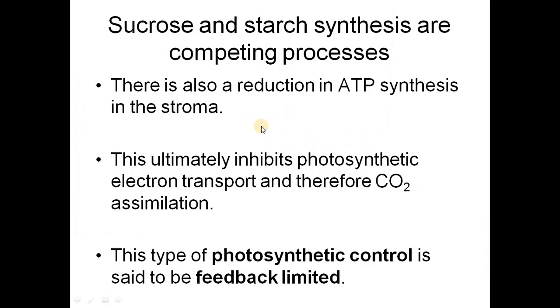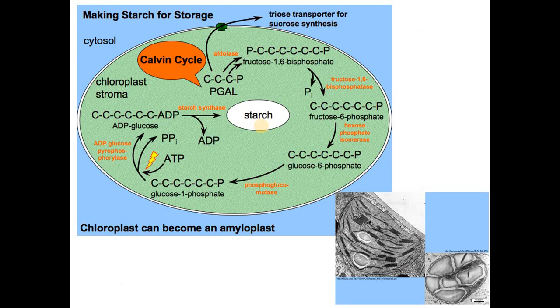So of course, even though they are competing processes, under low light condition there is a photosynthetic control, and the process is feedback limited. Okay, so under low light conditions, these transporters that usually transport those triose sugars out are going to be closed and blocked.